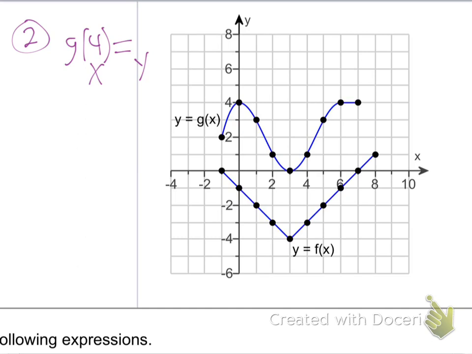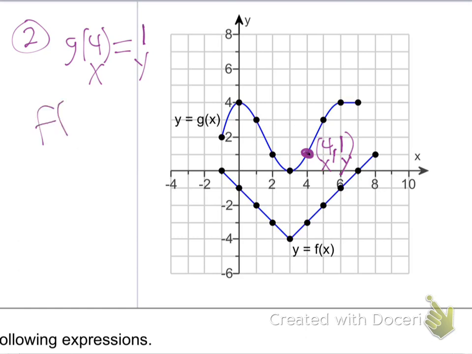So you go to the g graph, the top curvy graph, and you find the point that has an x value of 4. That would be this point right here. He's over 4, up 1. His x is 4. His y is 1. So that means g of 4 is 1. Remember how to do that on graphs?